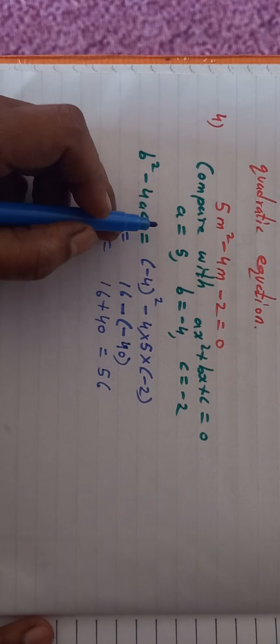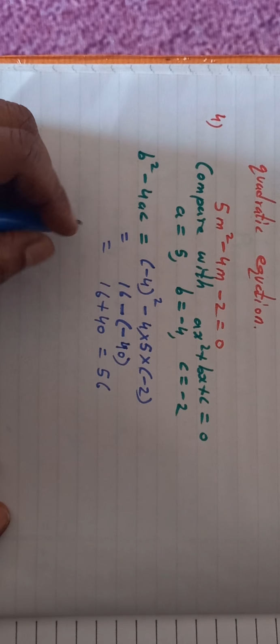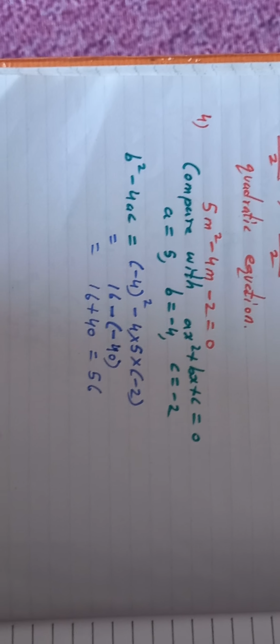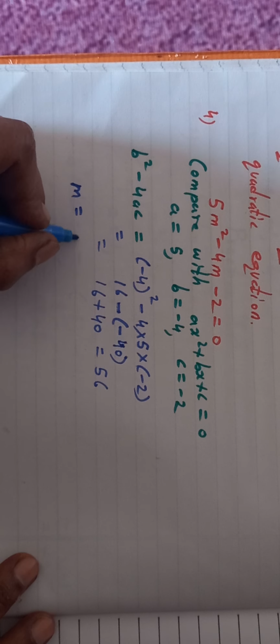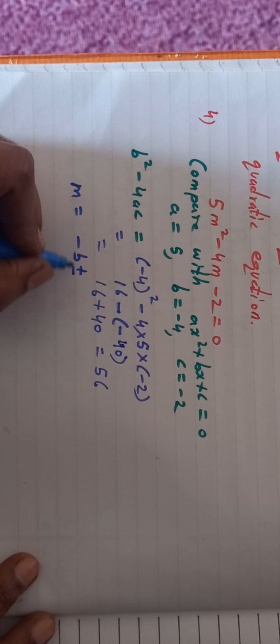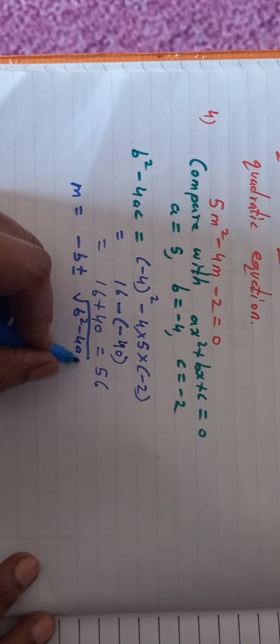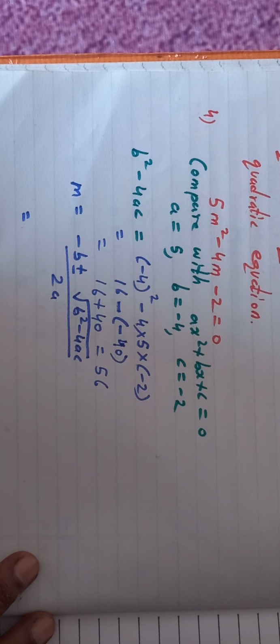Now very important, the formula, how it's going to change. The formula will change because the variable here is m. So instead of x we will write m, and we will get m is equal to minus b plus or minus square root of b square minus 4ac upon 2a, which is equal to, now minus already is there, so keep it like this, and b is minus 4, so you need to be very careful.